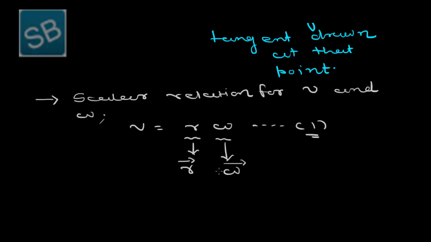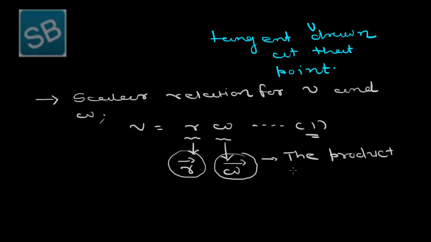So this fact is suggesting that we have to take a product of these two vector quantities in such a way that the product gives us a vector quantity.